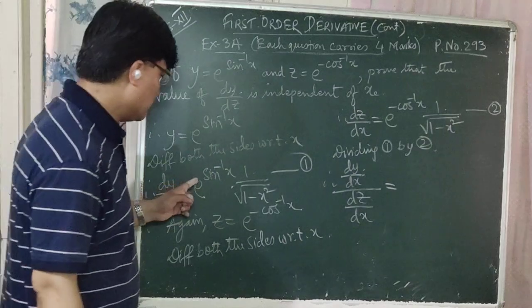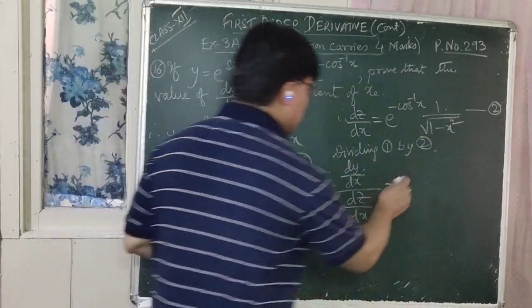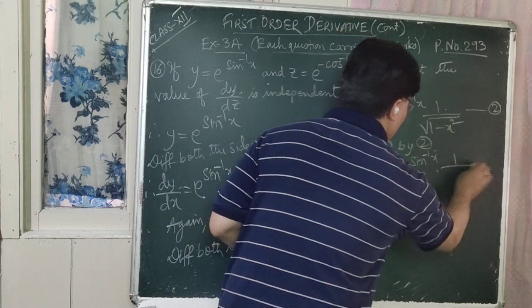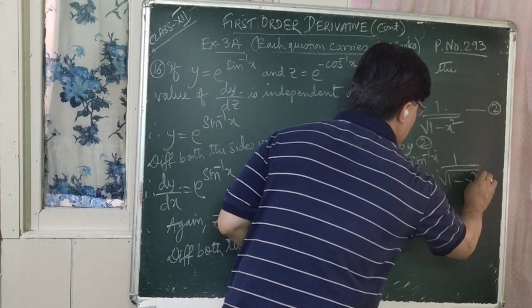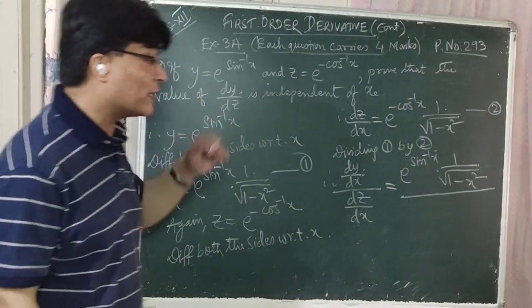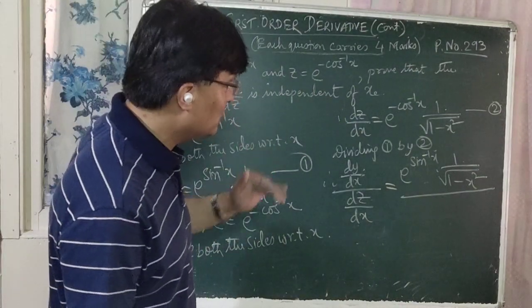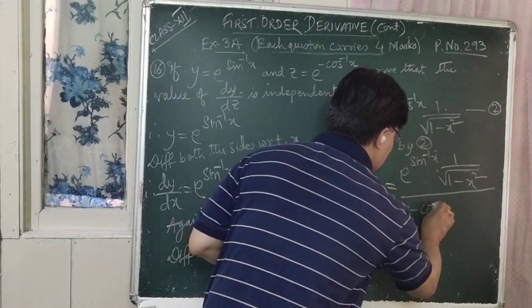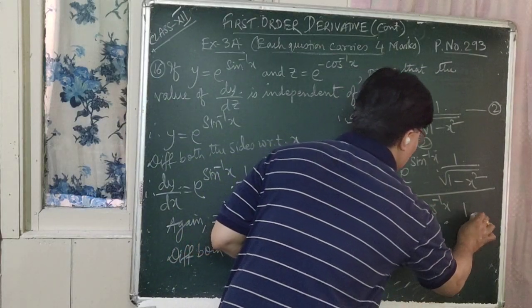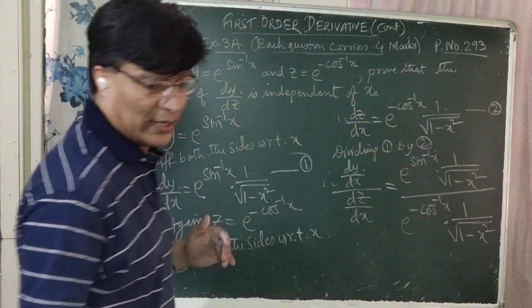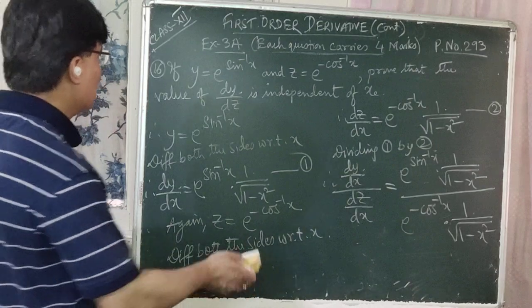So now put the value of dy by dx in the numerator, that is e to the power sin inverse x into 1 upon root over 1 minus x square. This whole divided by, now we have to write down the answer of number 2 in the denominator. Okay, so it is e to the power minus cos inverse x into 1 upon root over 1 minus x square. Is it clear now?